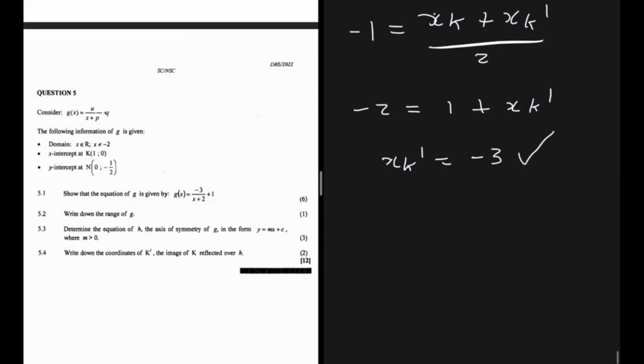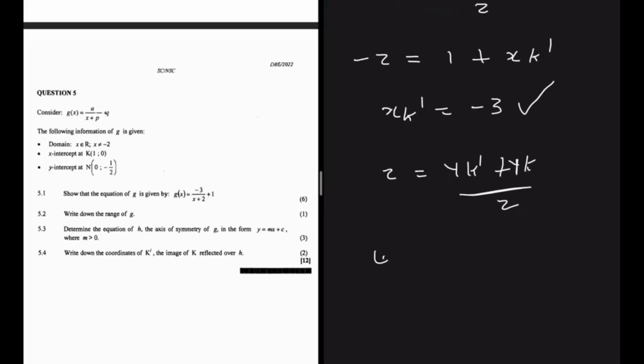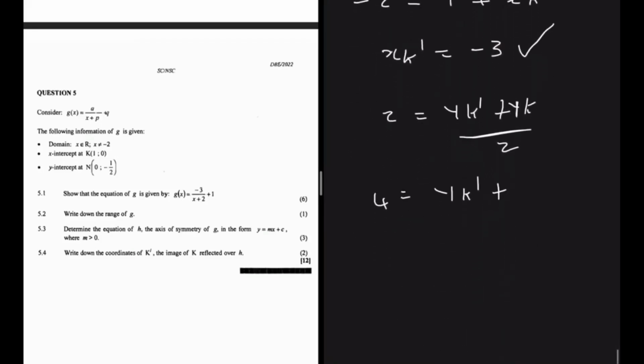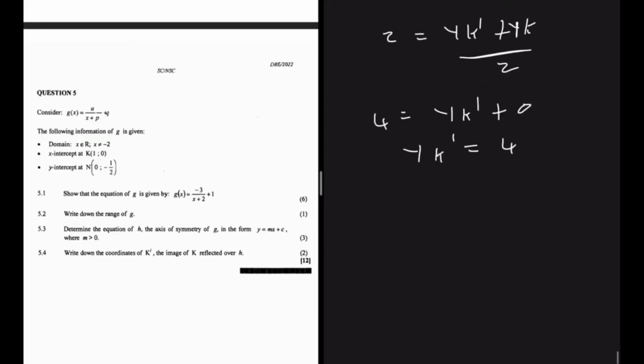So y of midpoint, which is 2, is equal to y of k subscript plus y of k divided by 2, and then we cross multiply. So we get 4 equals y of k subscript plus y of k, which is 0. So y of k subscript equals 4. So the coordinates of k subscript will be minus 3 and 4.